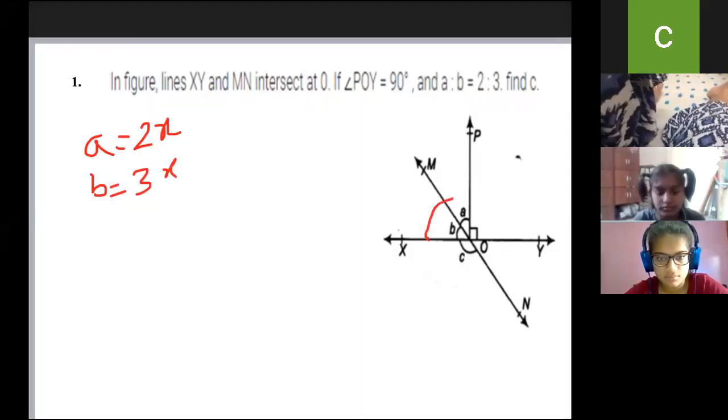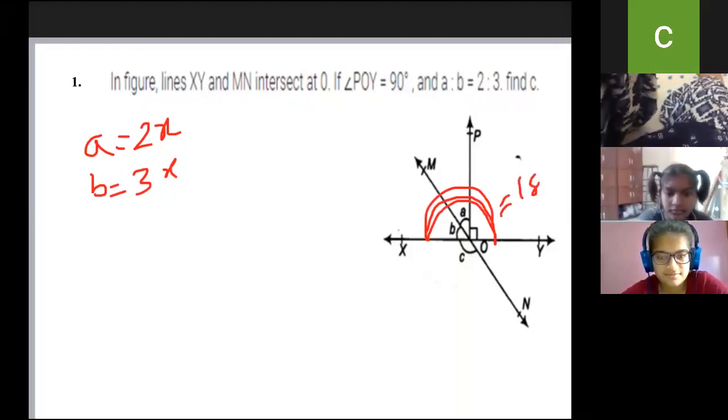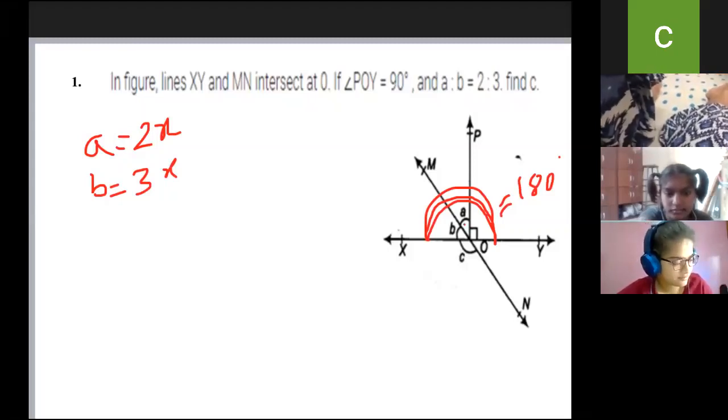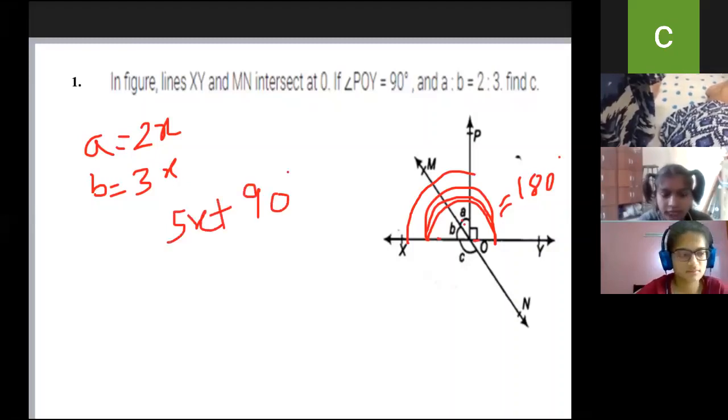So what is the meaning of this, children? It is a straight angle. If you sum up these three angles, the sum is 180 degrees. But according to us, A is 2x and B is 3x. So the sum of these two is 2x plus 3x, 5x, and this is 90. 5x plus 90 equals 180.